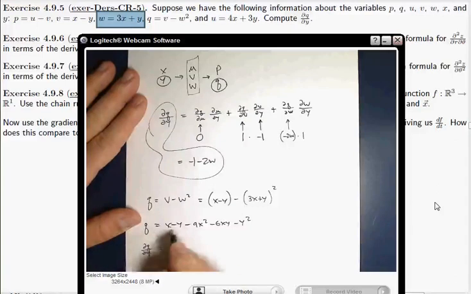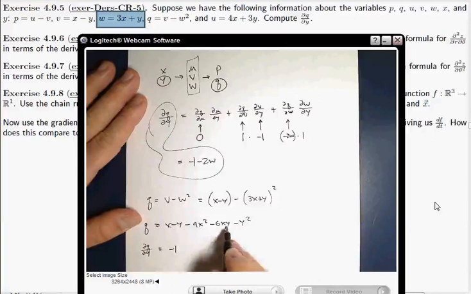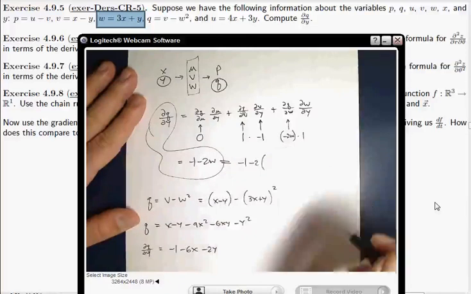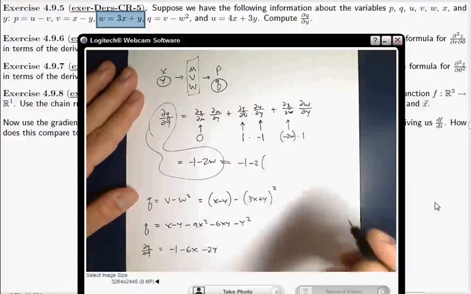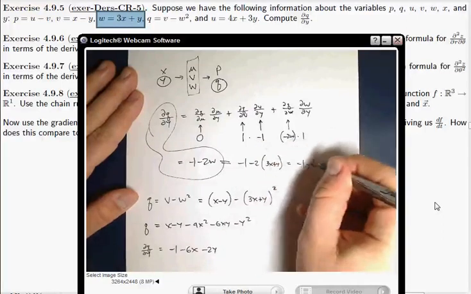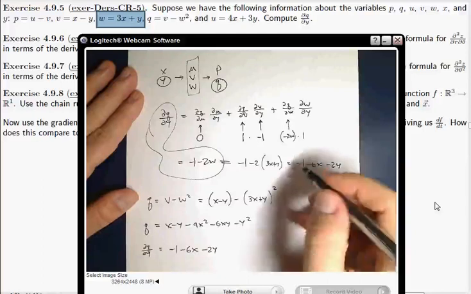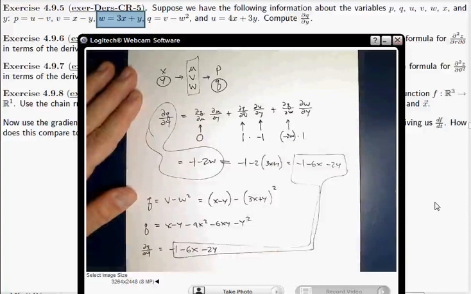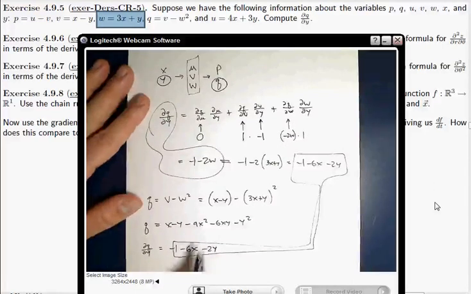And I get negative 1 minus 6x minus 2y. And by the way, note that if I were to rewrite this, negative 1 minus 2w, what was w? W was 3x plus y. That becomes negative 1 minus 6x minus 2y. And those are the same. So this is just a sanity check.